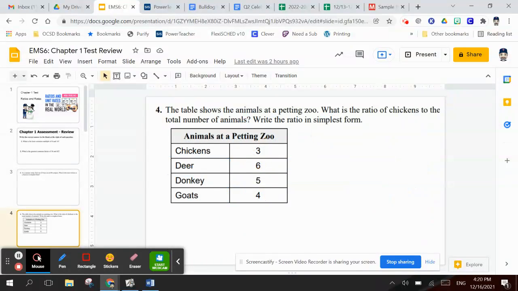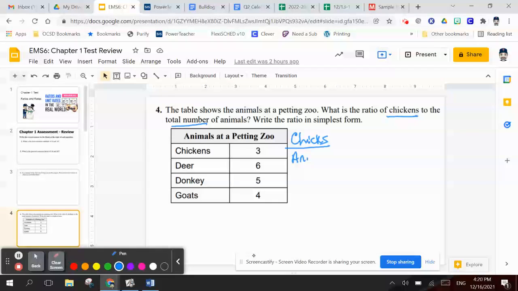Number 4 says the table shows the animals at a petting zoo. What is the ratio of chickens to the total number of animals? So our ratio talks about chickens to the total number of animals. So I have chicks to animals. I know that there are 3 chickens.